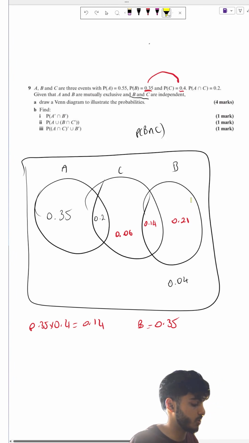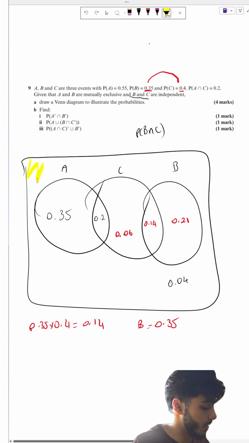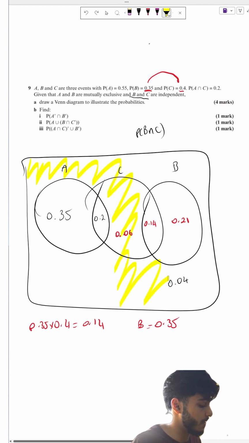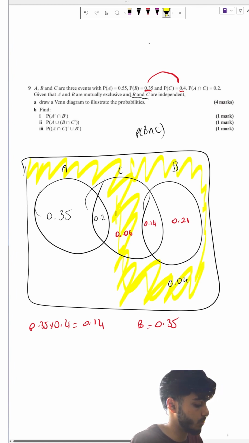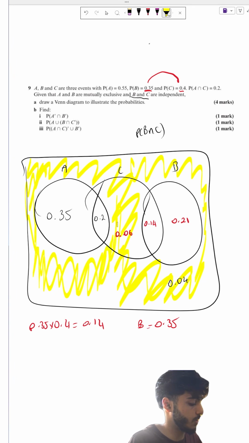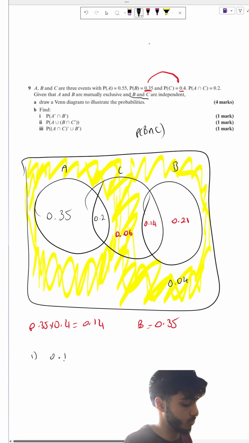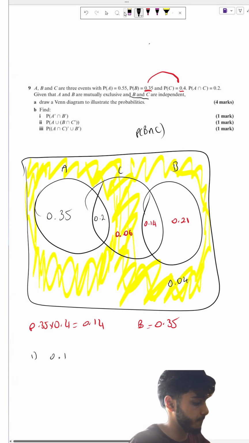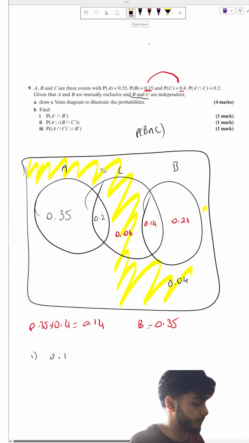No, it's cool. I'll just change the color of that. Okay, so what do we want? We want not A and not B as well. Anything that's in B we don't want, and anything that's in A we don't want. So that's what our area looks like. Good, Ibrahim. It's going to be 0.1. Okay, next question.